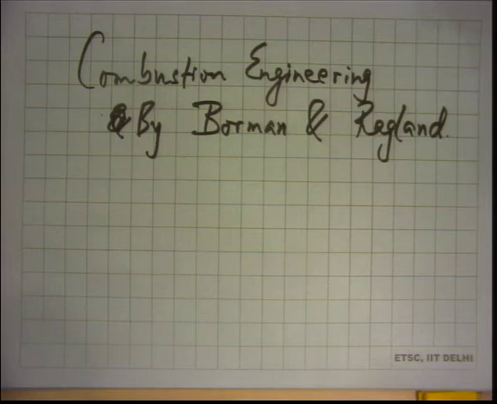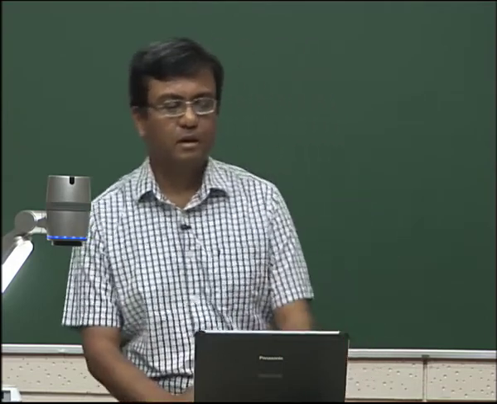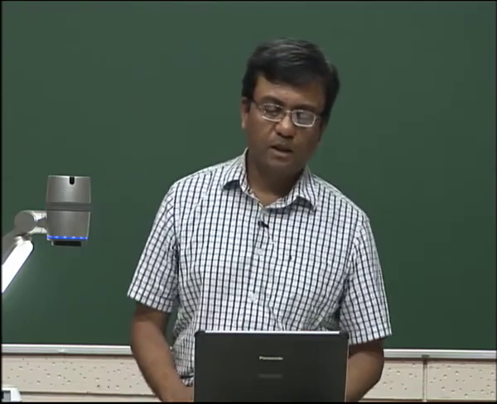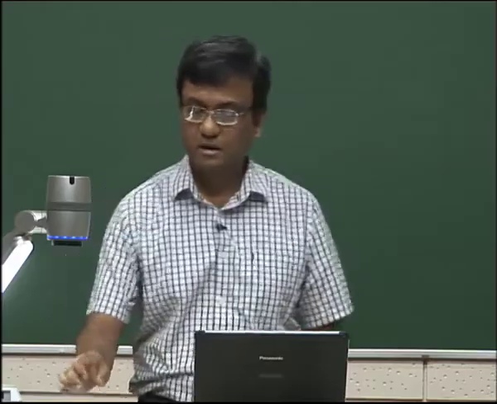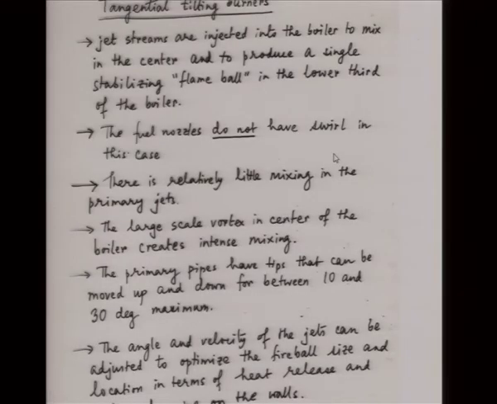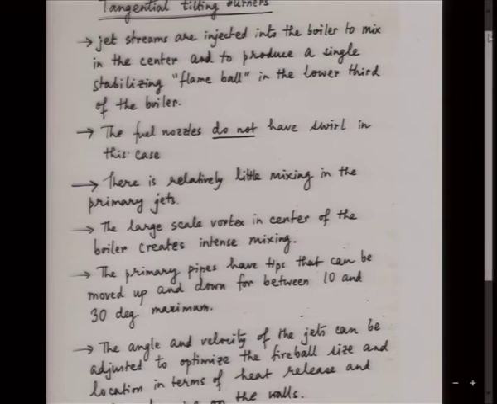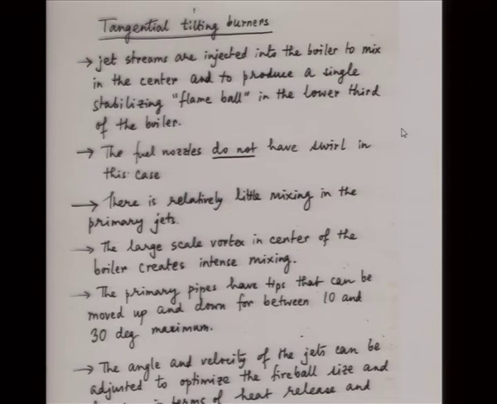So the tangential one which we saw, again some details here. In tangential tilting burners, there we saw that there is primary air coming in and there is secondary air.